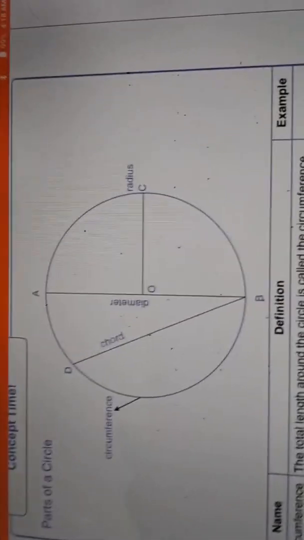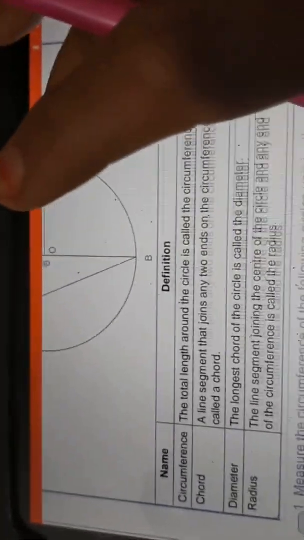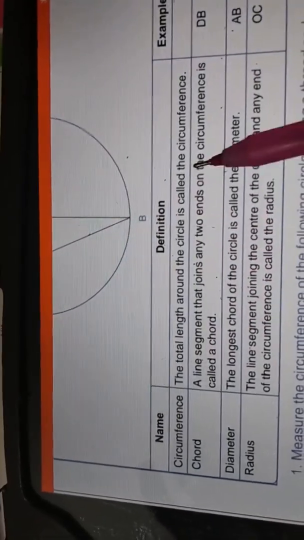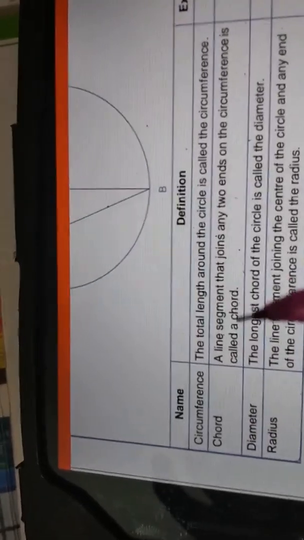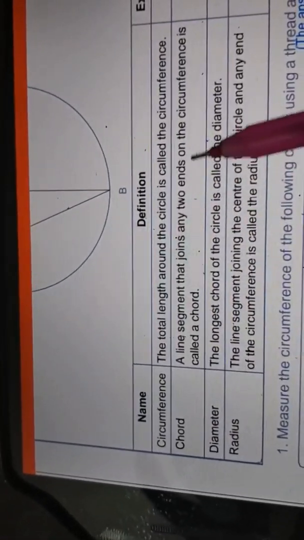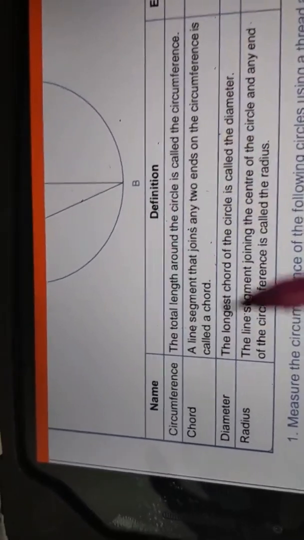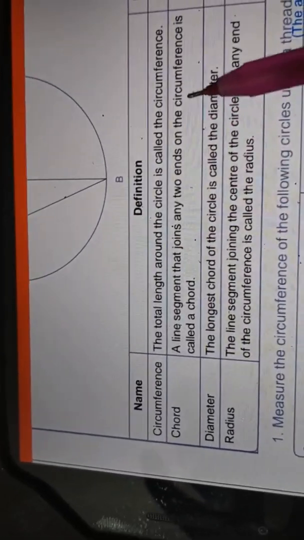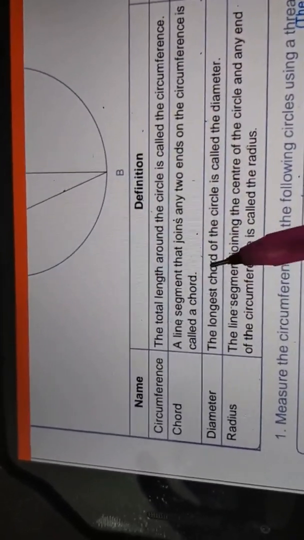Okay students, now here are the definitions. So students, surface, the total length around the circle is called the surface. Third, the line segment joining any two points on the surface is called the chord.